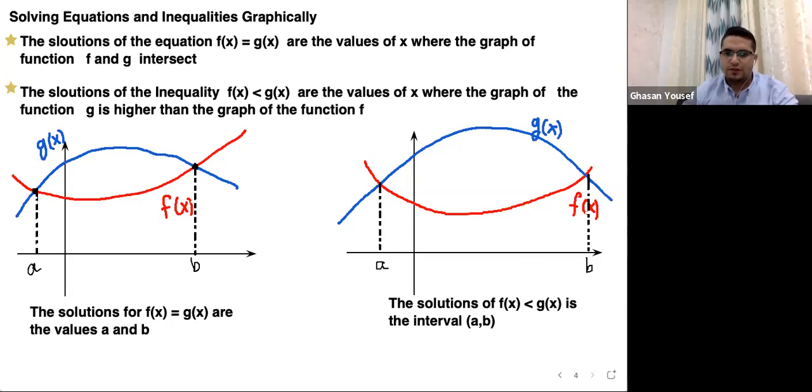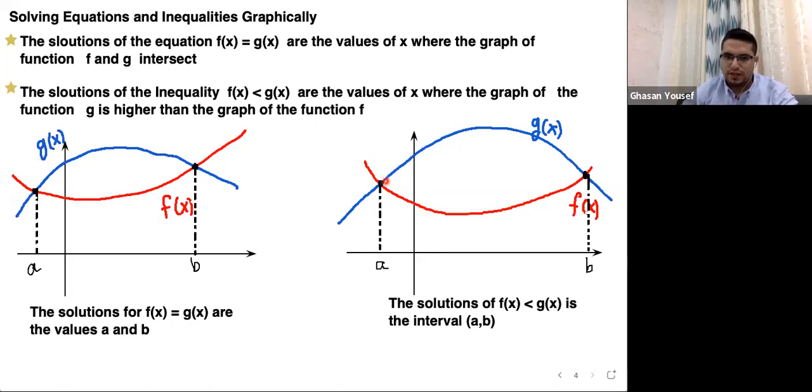All values such that g of x is above the function f of x start at this point and end at this point, because the function g of x, as we look at the graph, is above the function f of x.